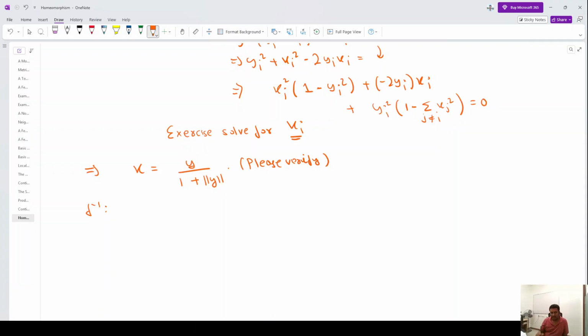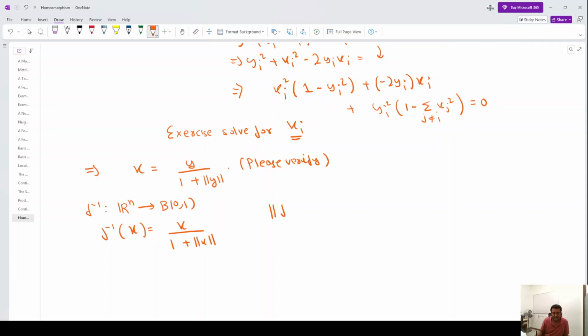Now we are in Rn, and we are going to ball 0, 1. F inverse of, say, x, is nothing but x divided by 1 plus norm x.